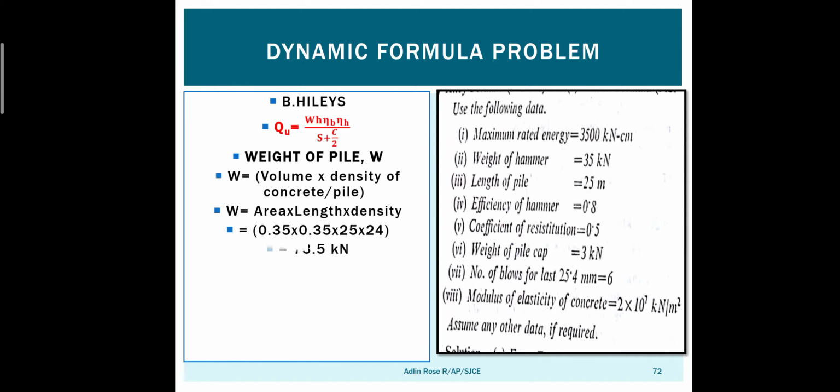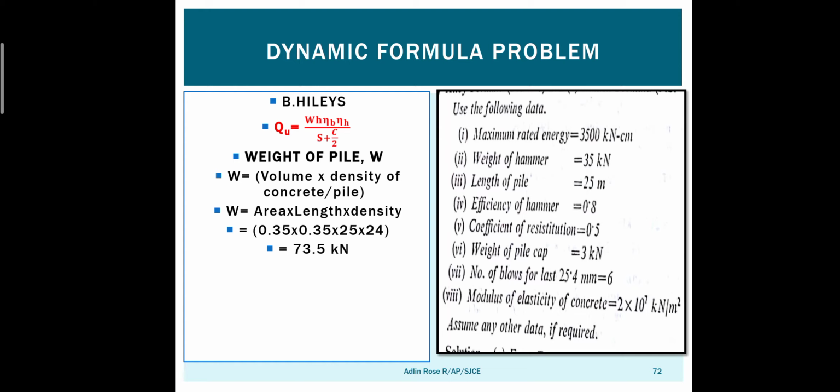So that is 35 into 30 centimeter. Now we have to substitute in meters. So multiply 0.35 into 0.35 into what is the density of the concrete? Density of the concrete is equal to 24, so we are multiplying 24.